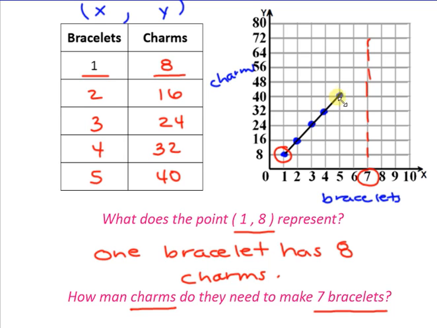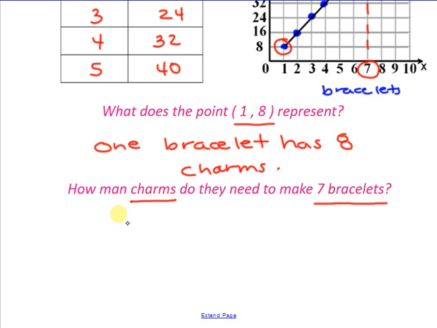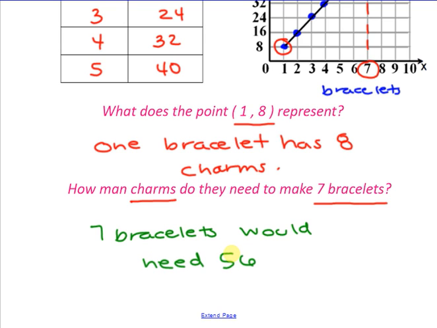So if we made our line continue on the same trajectory, how many charms, so here's where it meets, how many charms do we need? 56. 7 bracelets would need 56 charms.